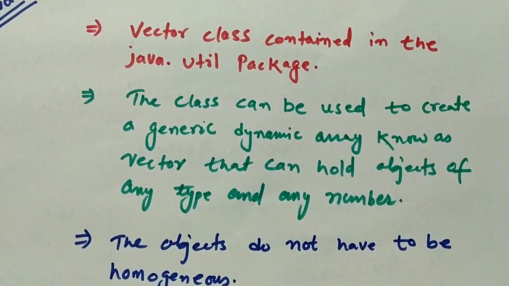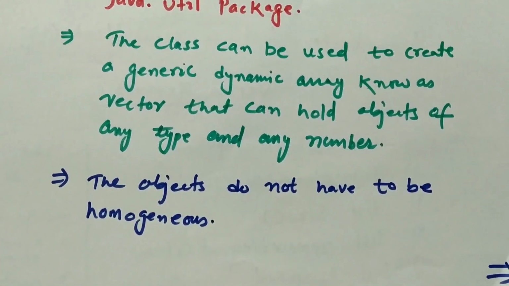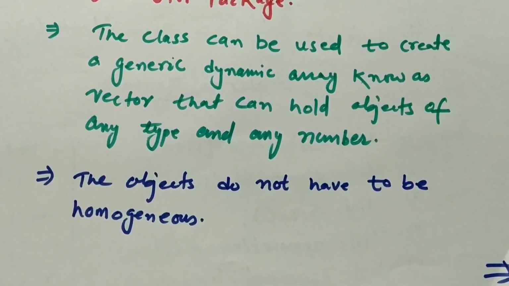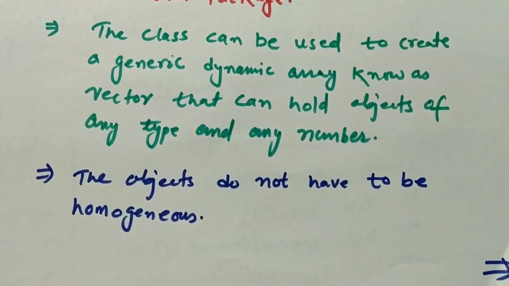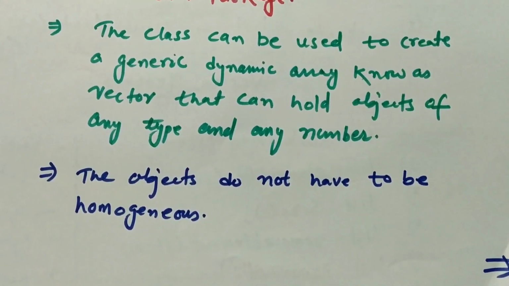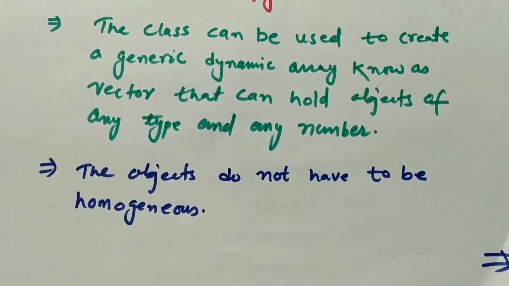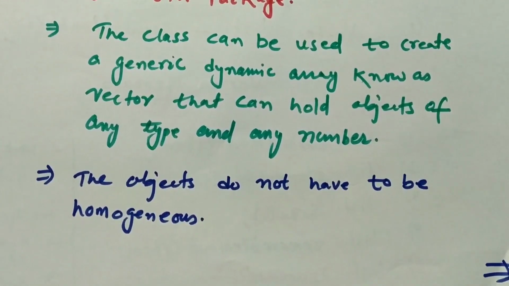So this is the importance of vector. And the last definition is: the objects do not have to be homogeneous. The same thing which I have just explained, that vectors not only take homogeneous, but heterogeneous data also. So this is the definition of vectors.